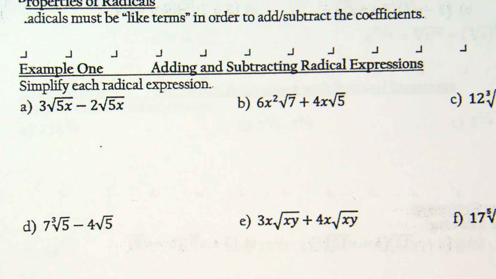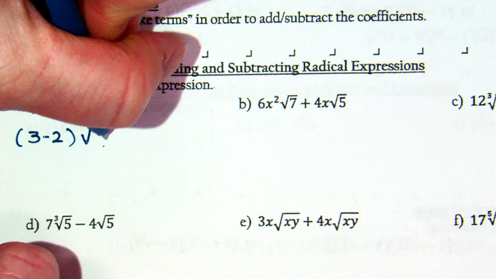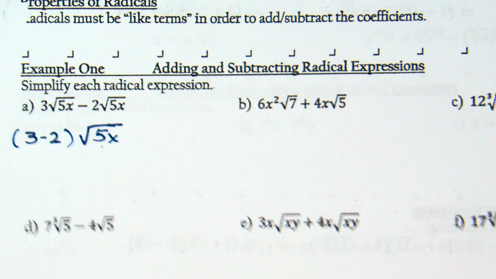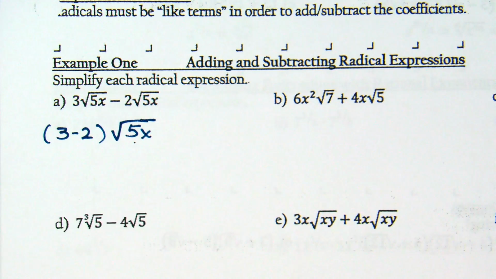If your answer is 1x, do you have to write the 1? No. So same thing here. If your answer is 1 square root of 5x, do you have to write the 1? No. So the idea that I can put up here, basically what we're going to do, is 3 minus 2 times the square root of 5x. In other words, if you have to show work, it's 3 minus 2 times square root of 5x.